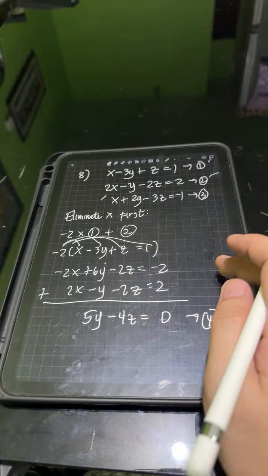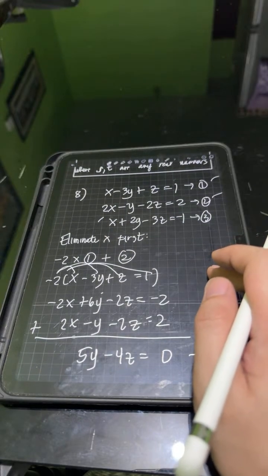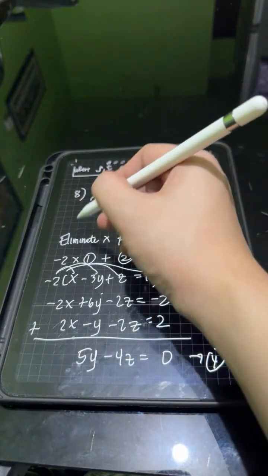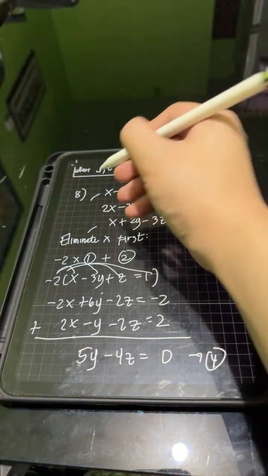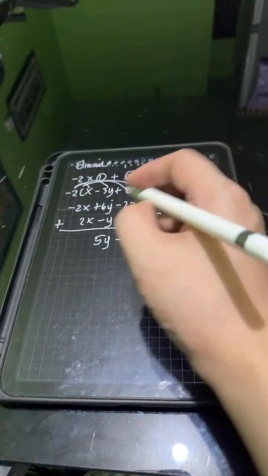Next, we can eliminate x again, this time using equations 1 and 3 because the coefficients are the same, both 1. If we subtract 1 minus 3, x will be eliminated.